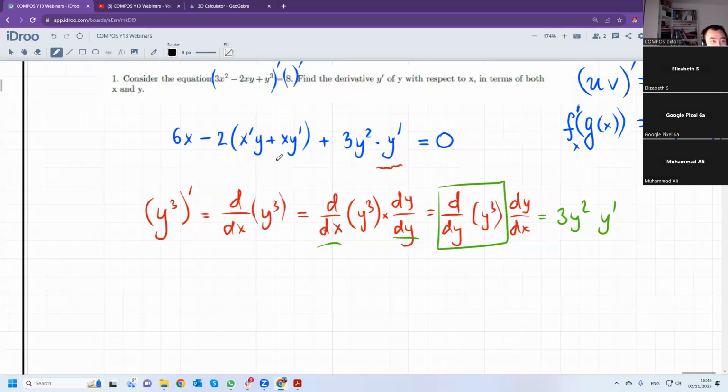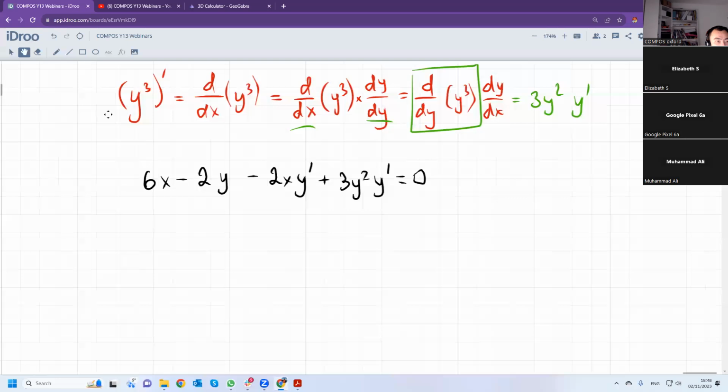Derivative of 8 is 0. Okay, so we look at this, and now we expand the brackets. So we have 6x minus 2xy minus 2xy prime. Well, x prime is 1, so we can delete that. We don't need it. 2y. And now plus 3y squared y prime equals 0. We take everything containing y prime to the right-hand side.